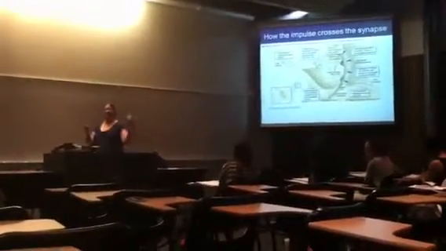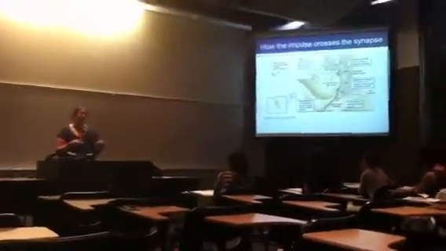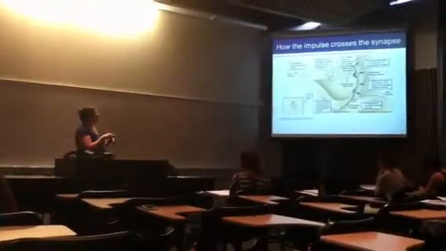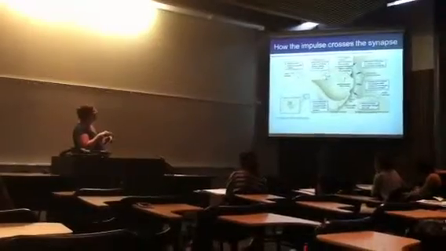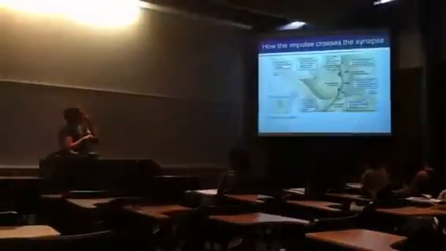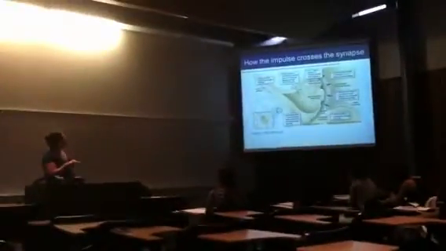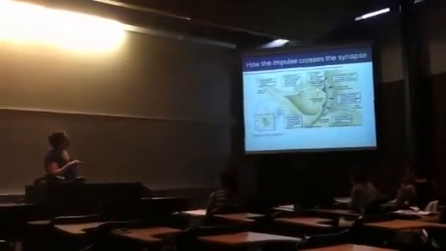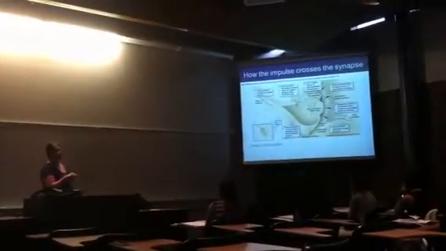And calcium is then going to rush into that cell, to that terminal button. When calcium rushes in, and you can see this as 1, 2, 3, it walks you through it. So when calcium rushes in, it's going to cause these neurotransmitter-filled vesicles to dump those neurotransmitters into the synaptic cleft.